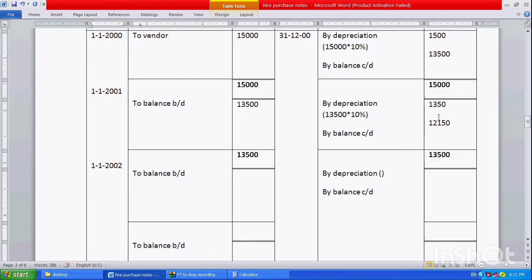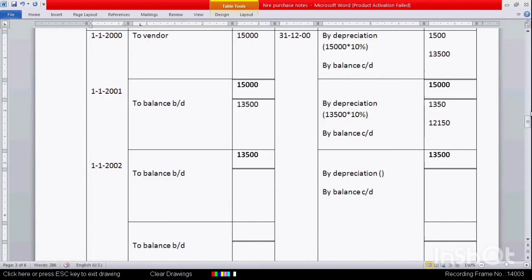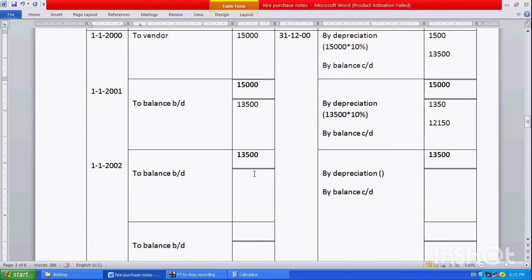So this is 1st January 2002. Okay, what is the carried down amount? 12,150. It should be brought here, the 12,150 as a balance brought down. Now we forgot to write the date, so I'm writing here 31st December 2001.